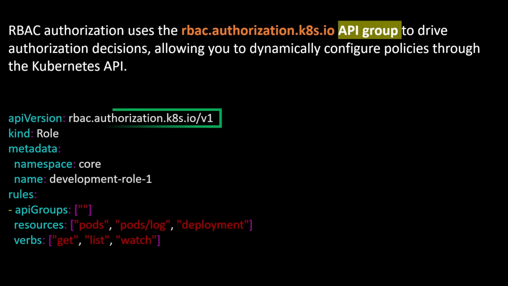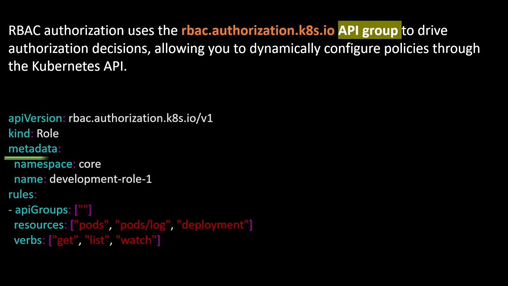First one is the API version, that is rbac.authorization.k8s.io/v1. If we use only v1, we will observe an error message. Then kind equal to Role, and here R is a capital letter. After that, metadata.